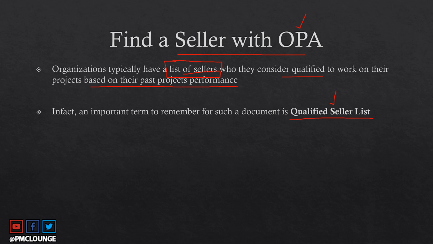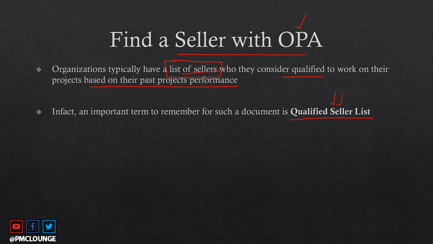So whenever an organization contracts out some of the work of one of its projects, and the contractor does a great job, that contractor is likely to end up in the qualified seller list. So the organization knows some of the best contractors out there that can be contacted if required for certain kinds of project work.